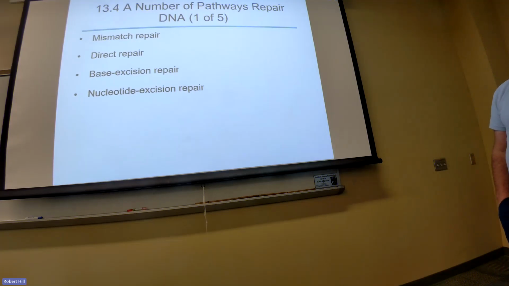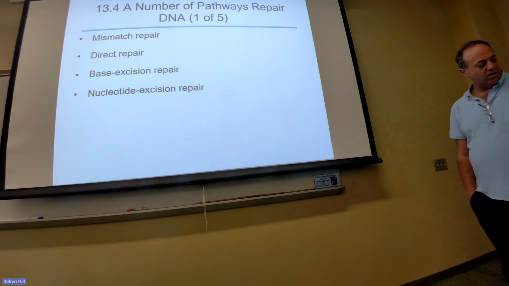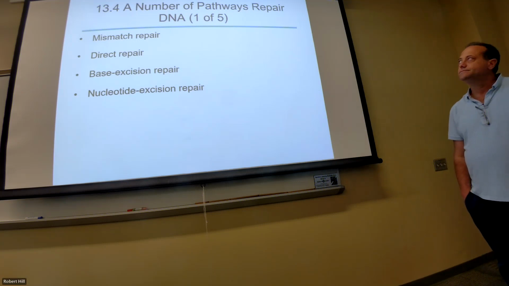All right, so what are mechanisms of repair? So there is mismatch repair mechanisms, direct repair of the nucleotide molecule. So base excision repair. This is obviously going to require some cutting. And nucleotide excision repair also is going to require some cutting as well.